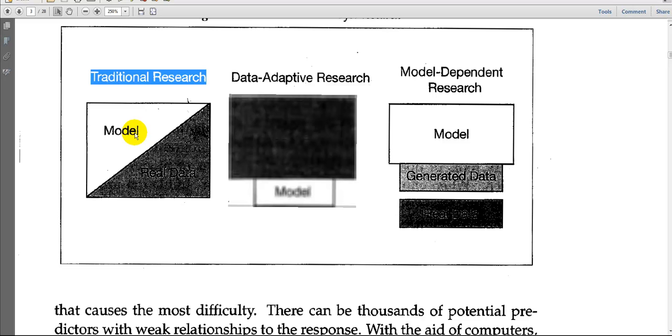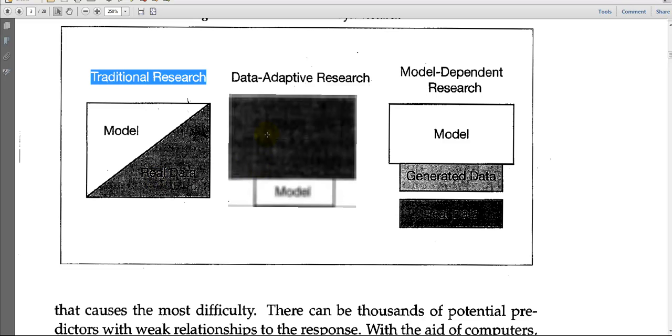And then based on that, you check your model with data. So first you specify a model. First you dream up your own model, and then you check whether it makes sense by collecting data and seeing if your model is correct or not. Sort of like traditionally what you do in science, right? You sort of figure out what's going on, how things relate, and then after that you check with data. So that's kind of the traditional approach.